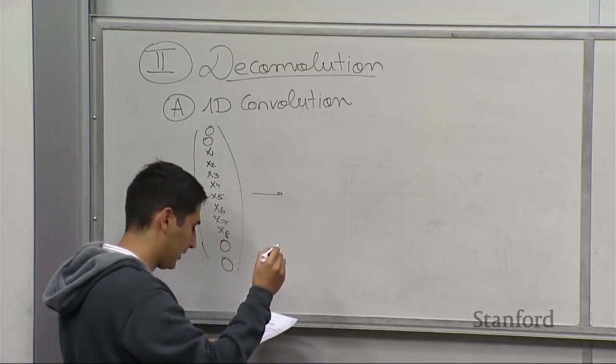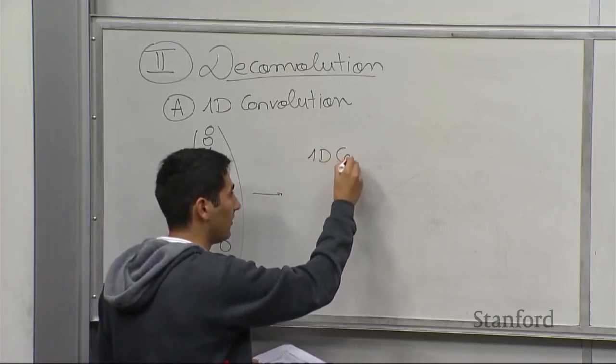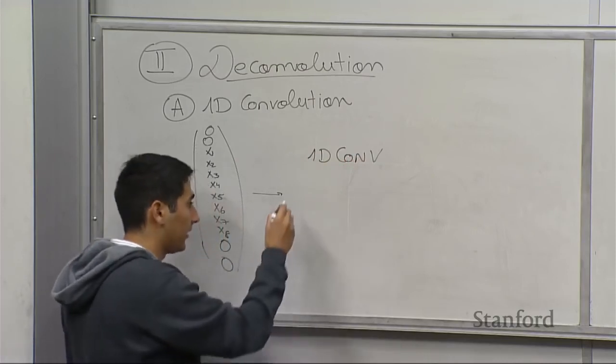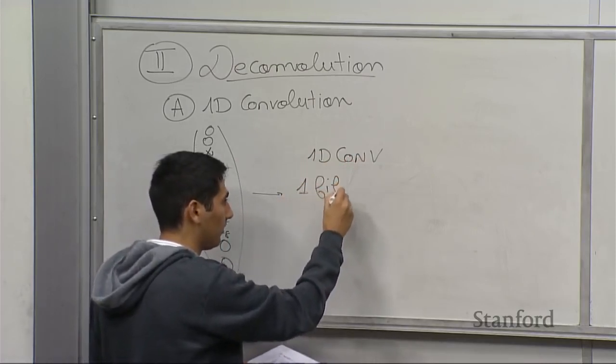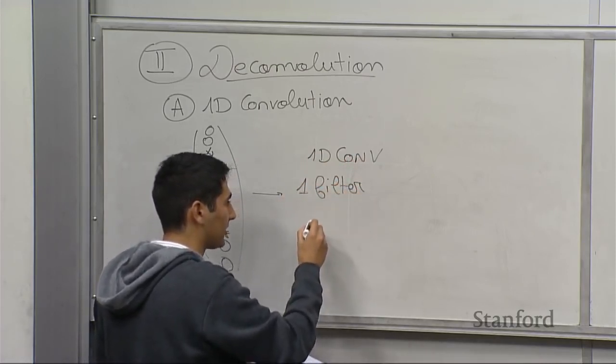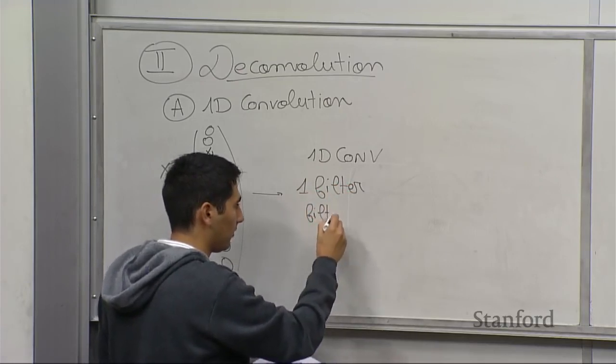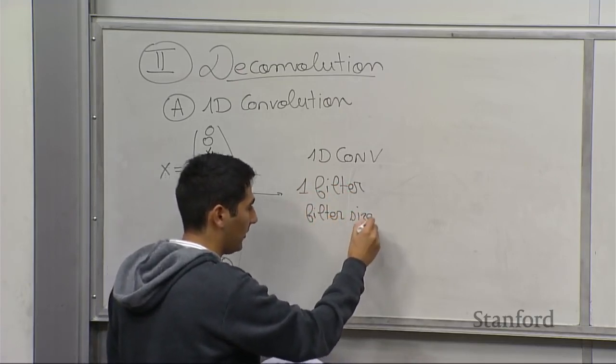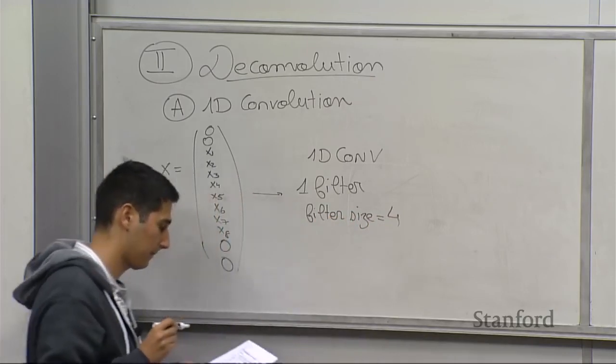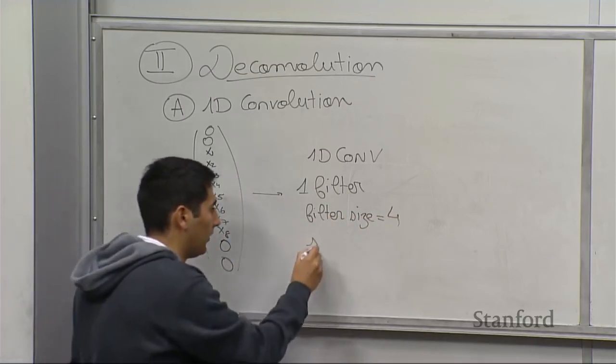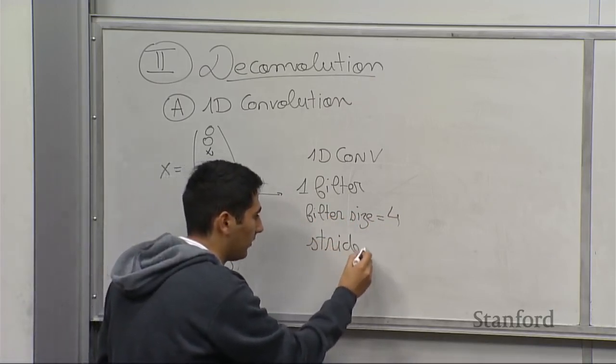I will give it to a layer that will be a 1D conv. This layer would have only one filter, and the filter size will be 4. We will also use a stride equal to 2.